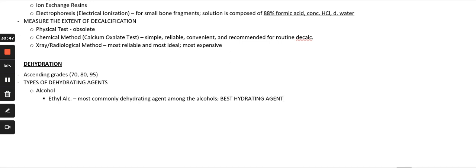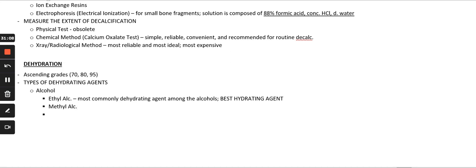Okay. Now, another one is your methyl alcohol. It is a toxic dehydrating agent. It is primarily used for blood and tissue films, and for your smear preparation.